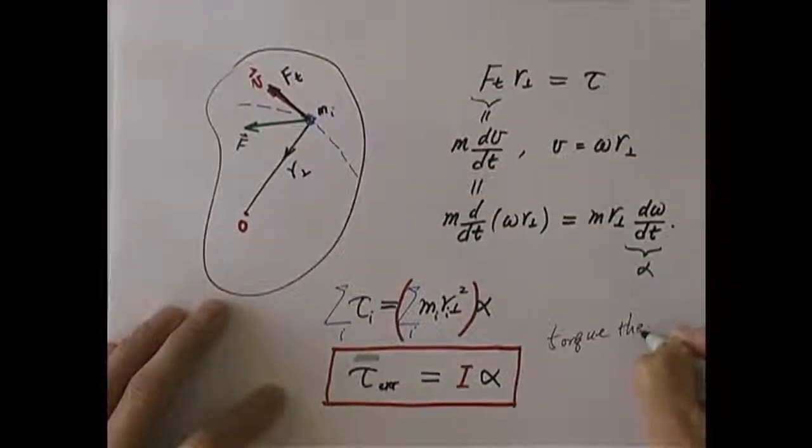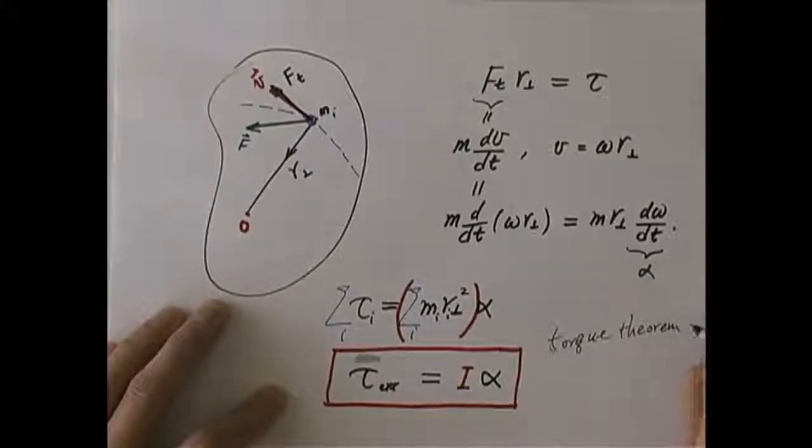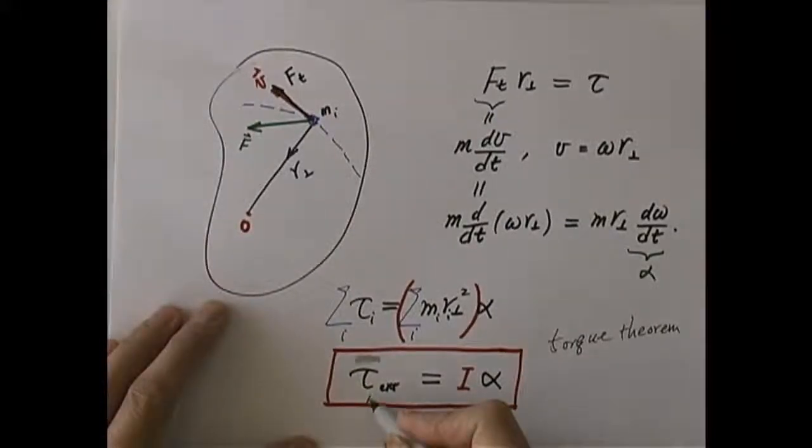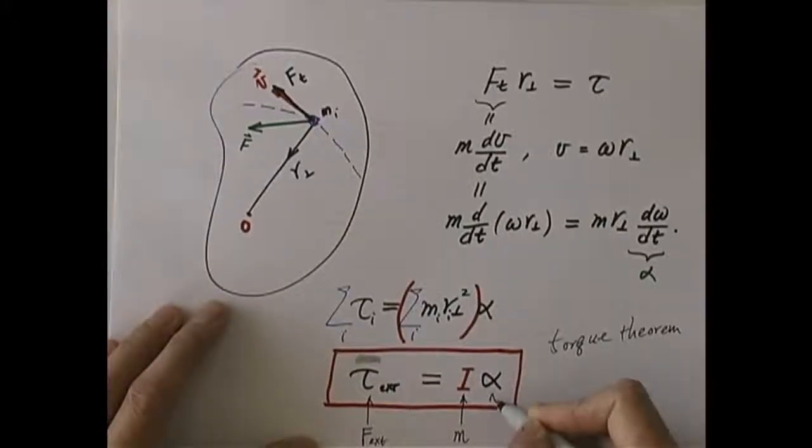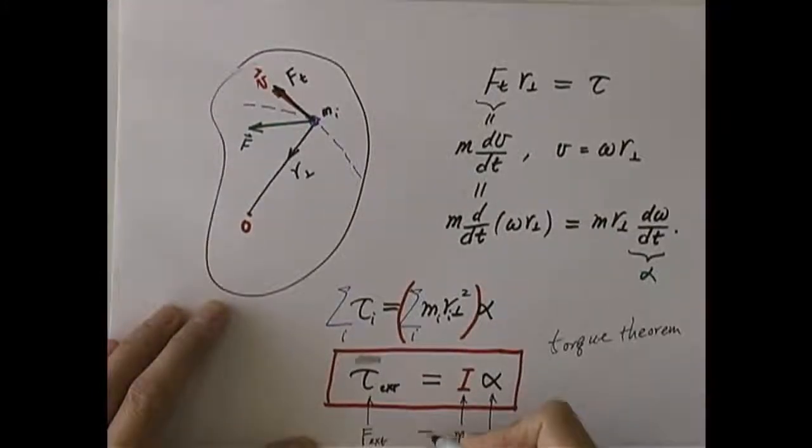It's a theorem because we derive it from Newton's second law. It is also called Newton's second law for rotation because it looks just like Newton's second law, except you replace external force with external torque, you replace mass with I, and you replace linear acceleration with angular acceleration, right?